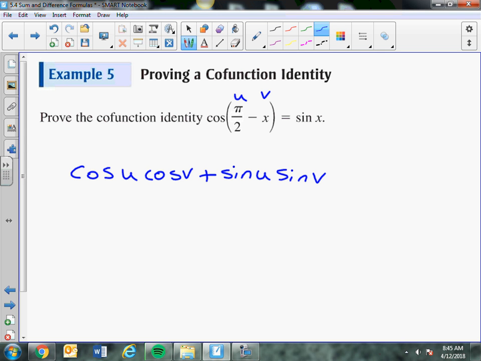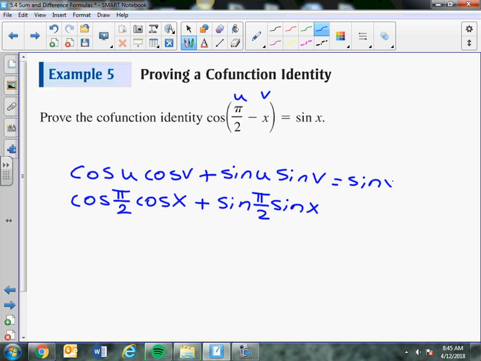So I'm going to replace the u with the pi over 2. So I can go cosine pi over 2, cosine x, plus sine u, which is sine pi over 2, and our sine x. Now, both of these are equal to our sine x.